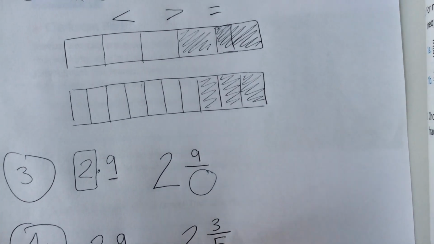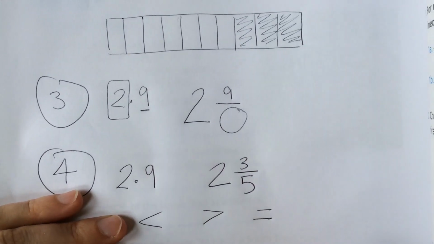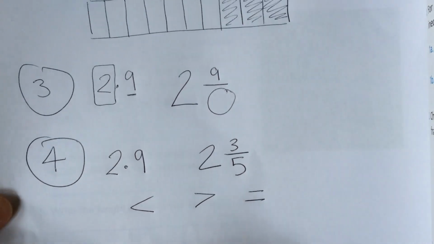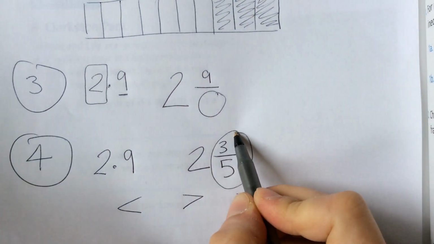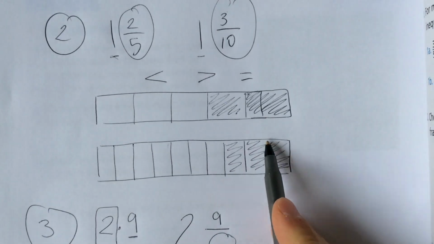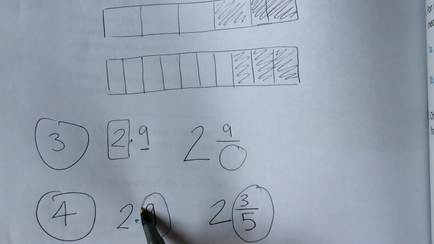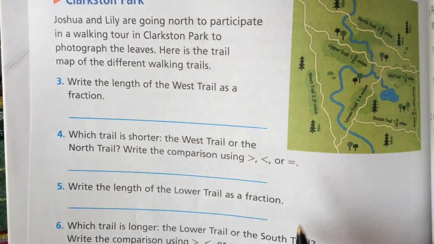So we are comparing these, greater than, less than, or equal to. So this one I again recommend you convert it into a fraction bar like this one. Convert this once you have this as a fraction. What does it look like to compare?